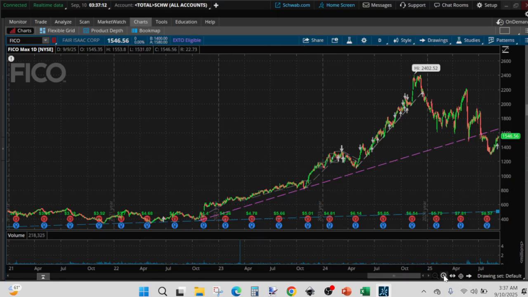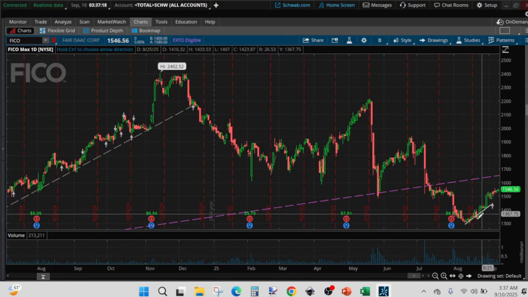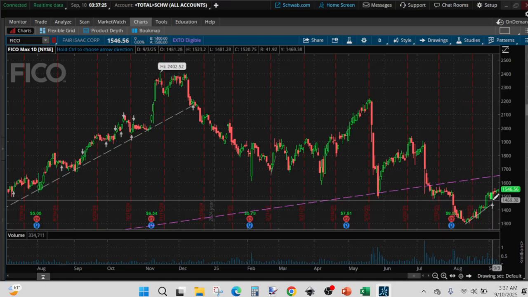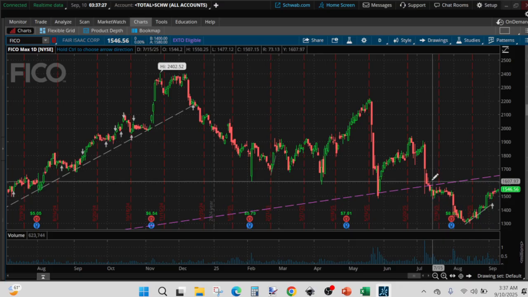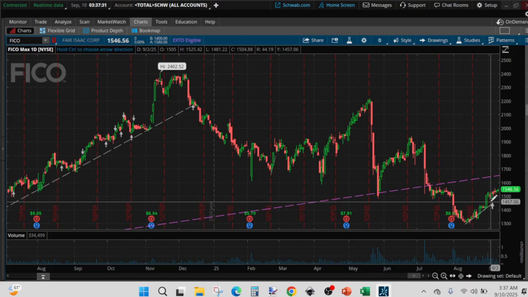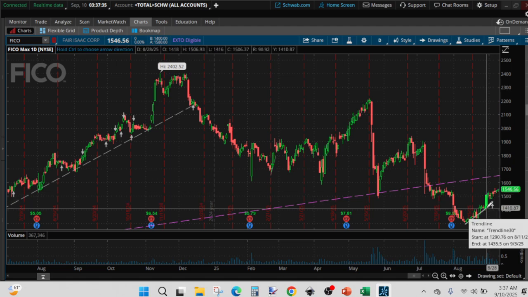So let's get a little bit closer to see what is going on here. There are two things that I took into consideration. I put this line here to show that it started going up, therefore I can enter. It went down and started going up, and I purchased it some days ago, and it's still going up right there.